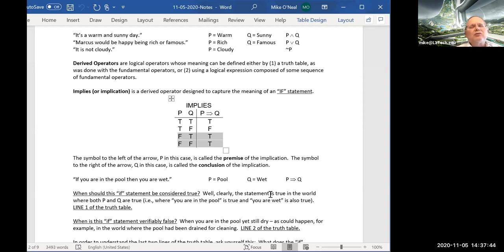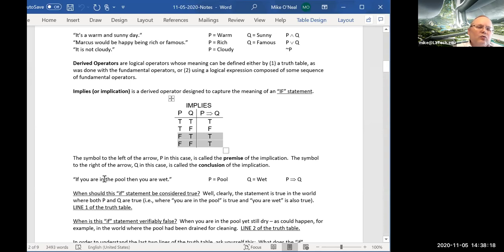There are an infinite number of ways that you can be wet in which you're not in the pool. So when someone says if A then B, or if P then Q, that's listing one way that Q could be true. It's not saying this is the only way you could be wet. You could be wet in lots of ways, but here's one way. If you're in the pool, then you're definitely wet.